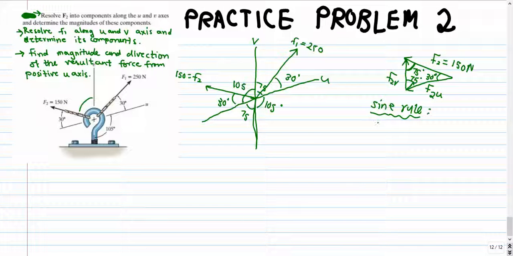According to the sine rule, F2V over sine 30 degrees should be equal to 150 over sine of 75, and we get the value of F2V equals 77.65 newtons.